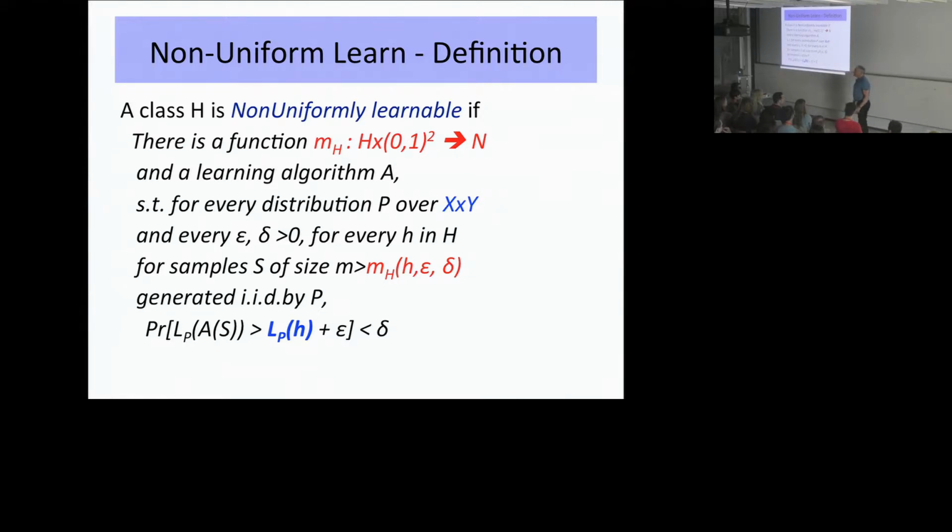No, there is a best, but the best changes from one distribution to another. And I want a bound that is fixed for all distributions. So the identity of the best may switch between distributions. For a different function that I want to predict, a different H will be the best.